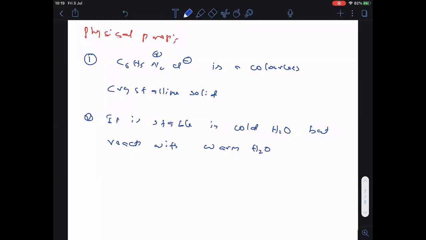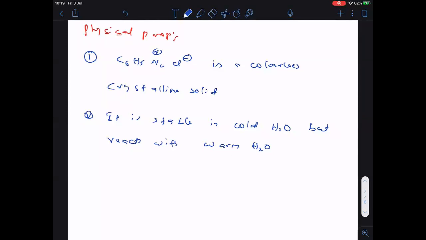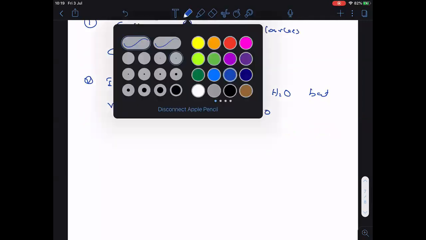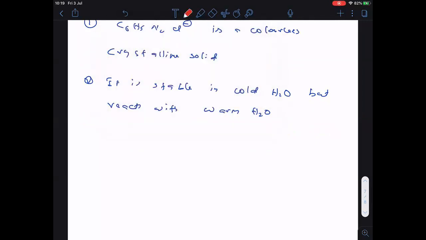I hope it is completed. Okay. Now, let us enter into chemical properties then. Chemical properties.